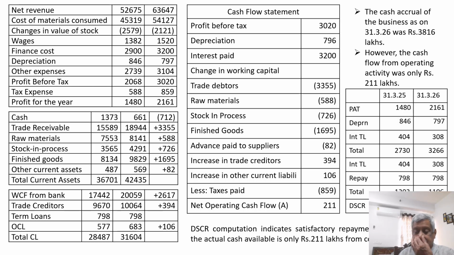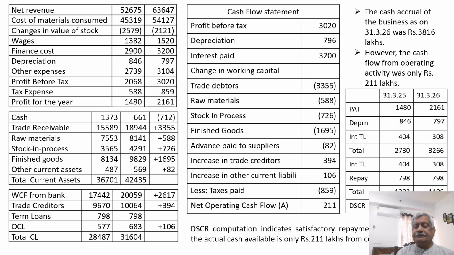When I work out the DSCR, it is 2.27 and 2.95, which shows a very good repayment capacity. That means the fund available is 2.27 times the obligation to be met in 2025, which has further improved to 2.95. That means the fund available is 2.95 times the repayment obligation.